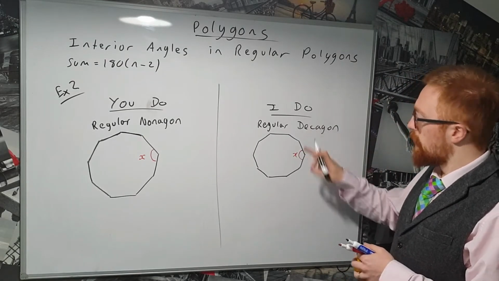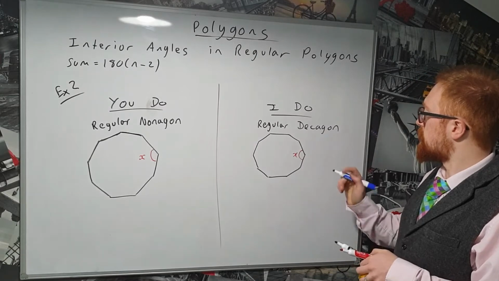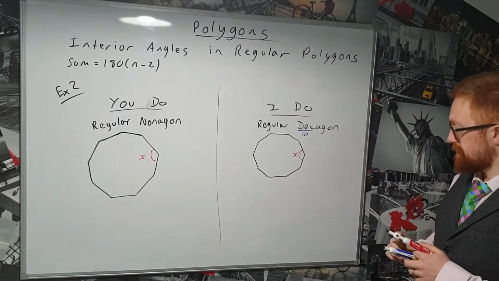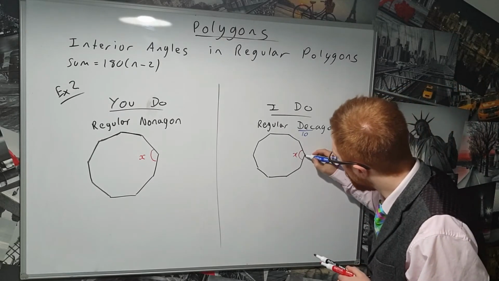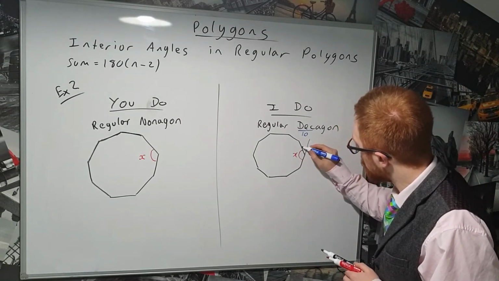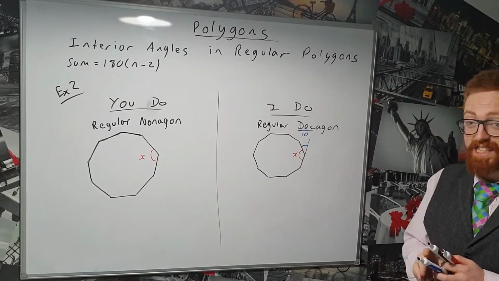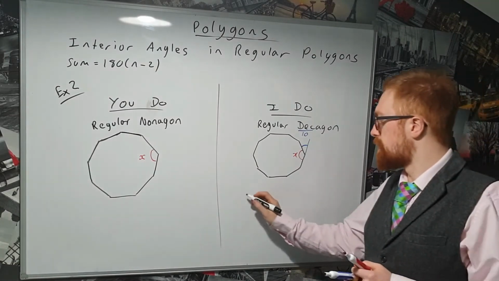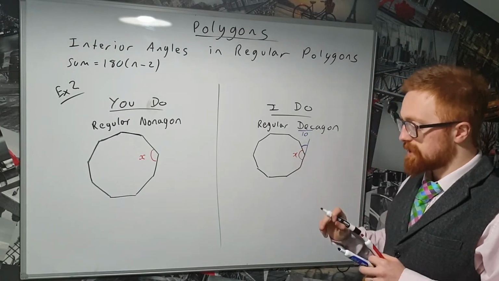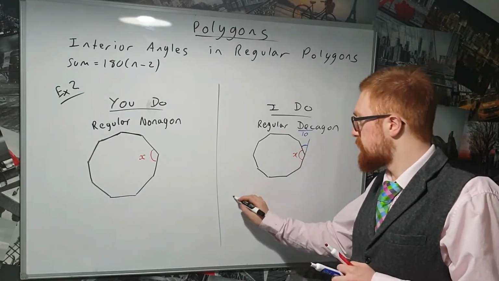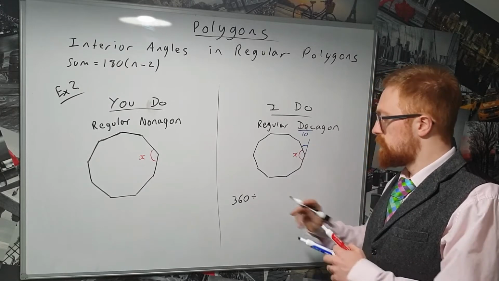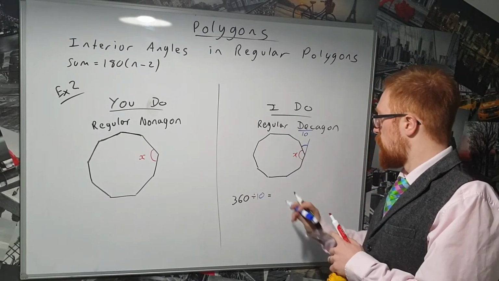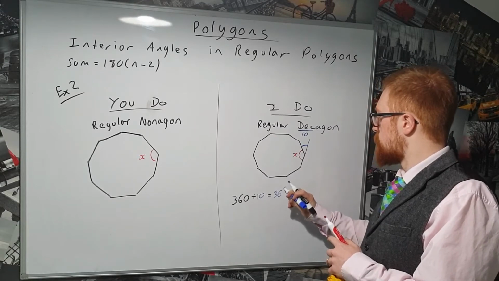Okay, so regular decagon, first thing we need to do is that tells us that we have 10 sides. Okay, so what we're going to do is we're going to extend this angle to make ourselves a little exterior angle there, and we're going to work out what one of the exterior angles has to be. So remember, all the exterior angles add up to 360. So I'm going to do 360 divided by 10, which gives me 36 degrees.